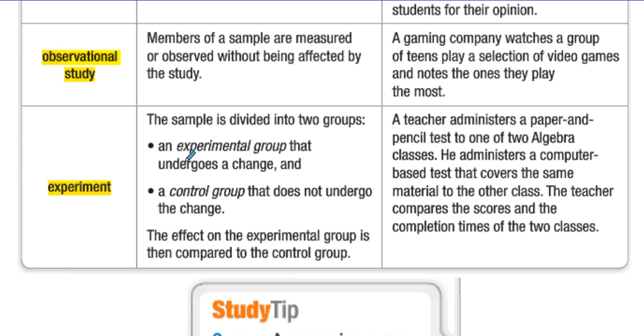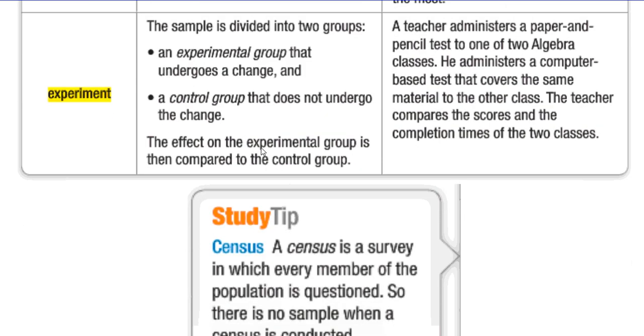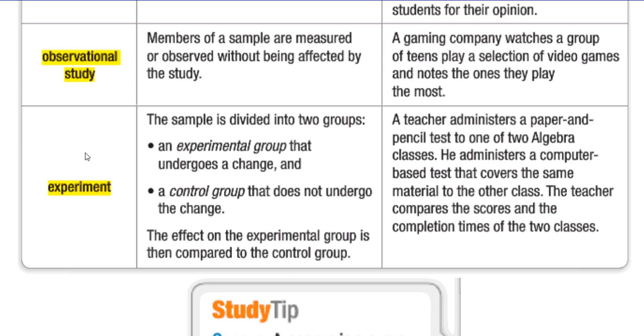The effect that the experimental group sees or doesn't see is then compared to the control group. So an example, a teacher administers a paper and pencil test to one of two algebra classes. He administers a computer-based test that covers the same material to the other class. The teacher then compares the scores to see if maybe students do better or worse with the computer version of the test than if they had to actually write it out paper and pencil and show their work. So those are the three types of studies.